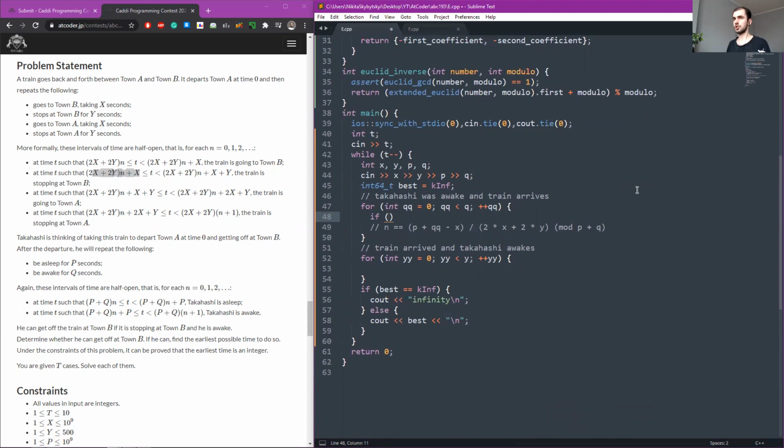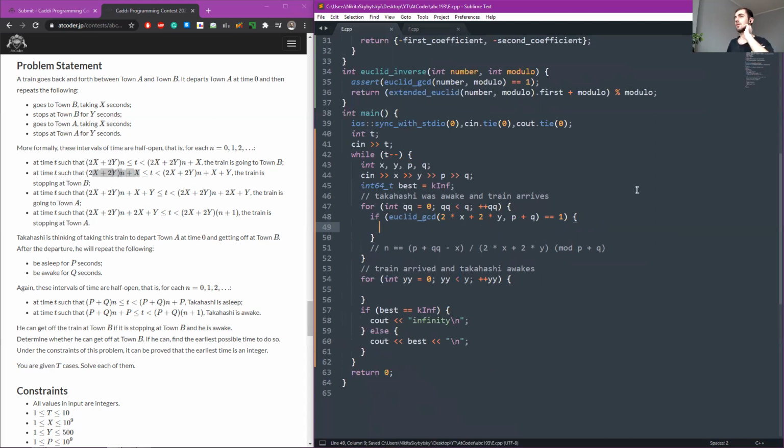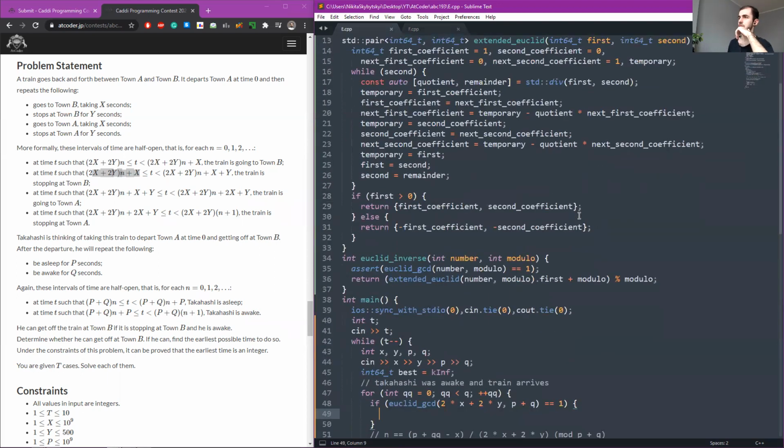So we do have to check that 2 times x plus 2 times y, d plus q is 1. Wait, what if it's not 1, but we still can't solve the modular equation?